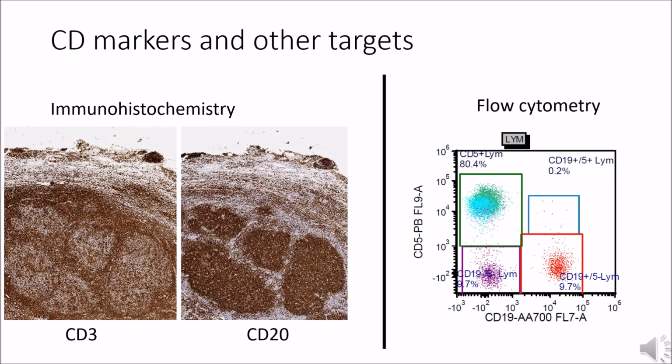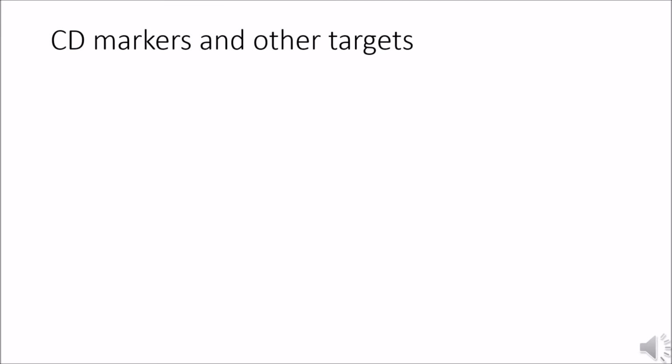The methodology is similar to IHC, but requires a suspension of live cells labeled with fluorescent markers. Tissue architecture is lost. However, flow cytometry has the advantage of interrogating multiple surface markers simultaneously on many thousands of cells. The next two slides review markers commonly used in diagnostic hematopathology and can be used more as reference.